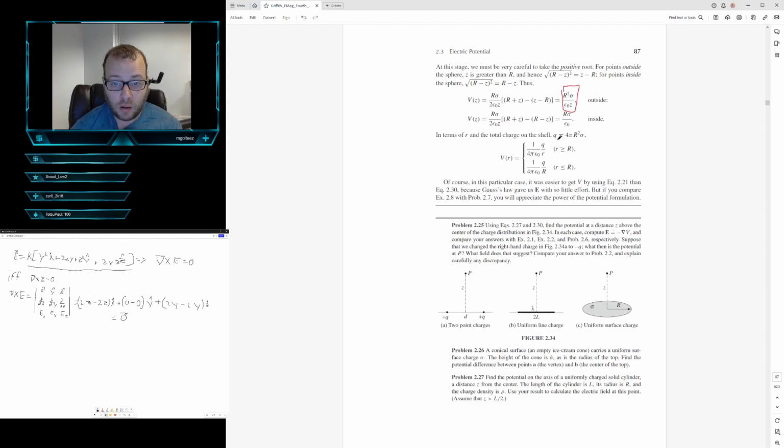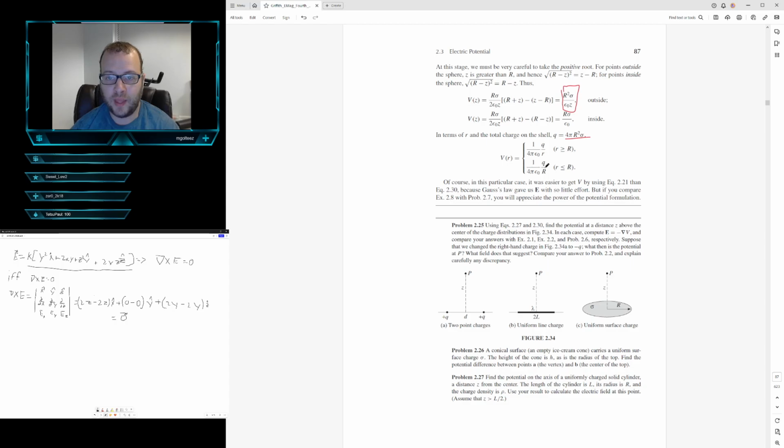In terms of r, total shell volume is 4 pi r squared sigma naught. So for r greater than the radius, we plug q over 4 pi r squared into sigma, and we get 1 over 4 pi epsilon naught q over r.